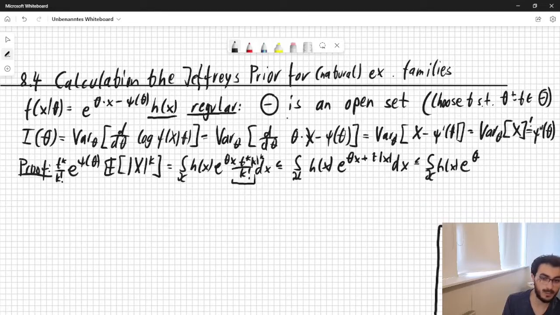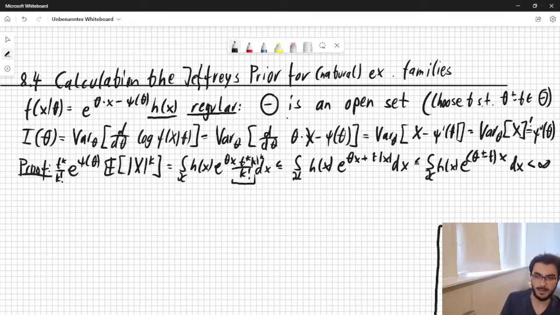Let's say we want to say it's smaller or equal than theta plus or minus t, depending on whatever phi maximizes this, times x, because x is an absolute value here. But we know that this is smaller than infinity because this is just an integral over a parameter space, which we already know.